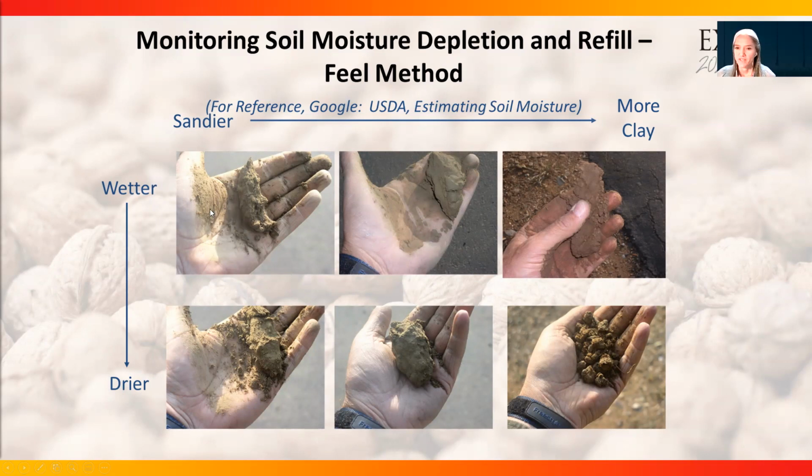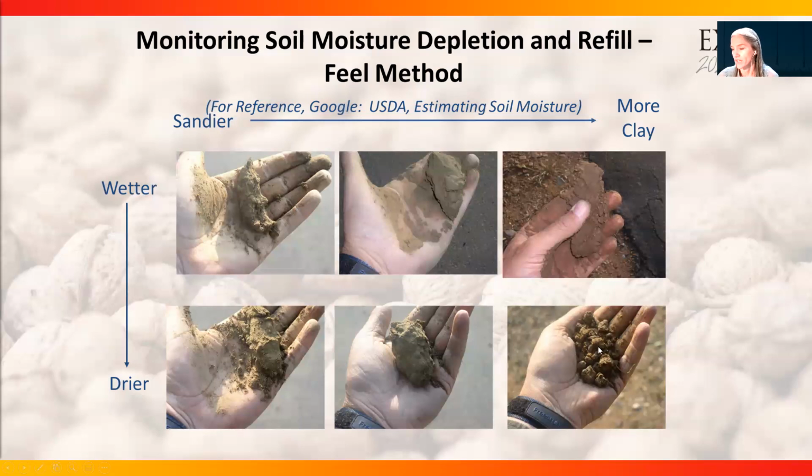In wetter conditions, we can form a ball for almost all soil textures, and we will see a lot of sticking residue on our hands. As the soil dries, in a sand soil it's going to be difficult to even form a ball, and it will easily crumble, with less residue left on your hand because there's less moisture.